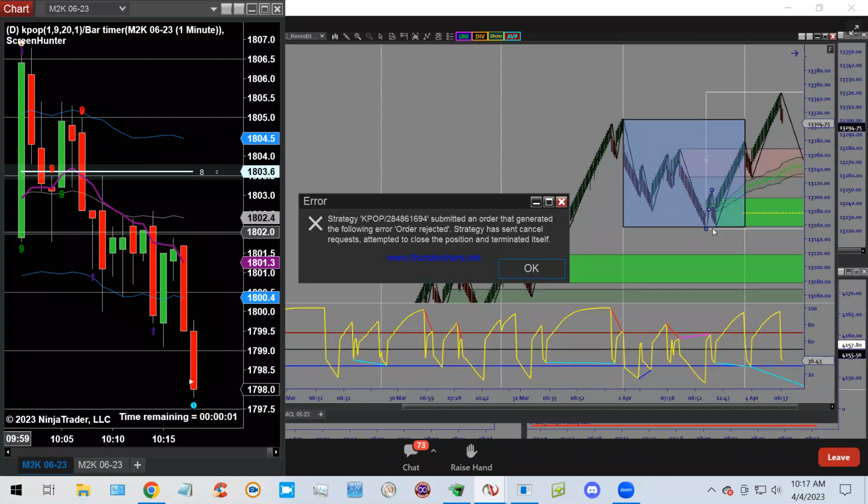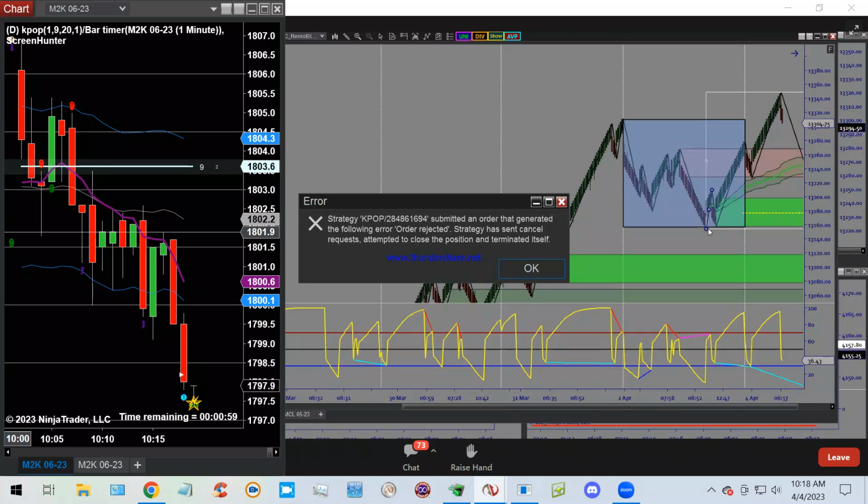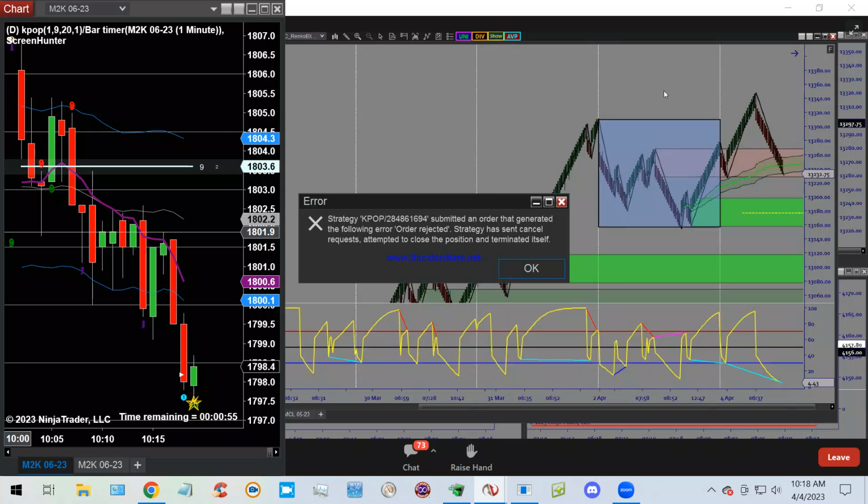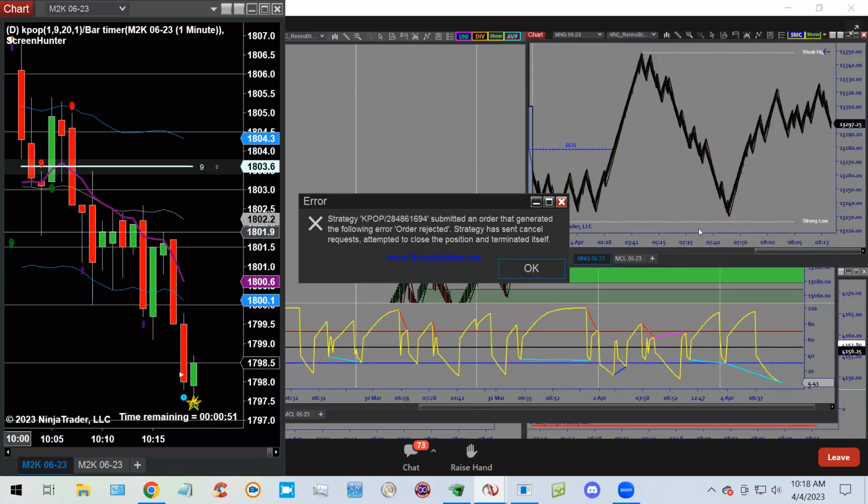It's easier to see that on a Renko chart than it is on all the other stuff. You can see it. There. Why do you think the trade ripped from here to here?